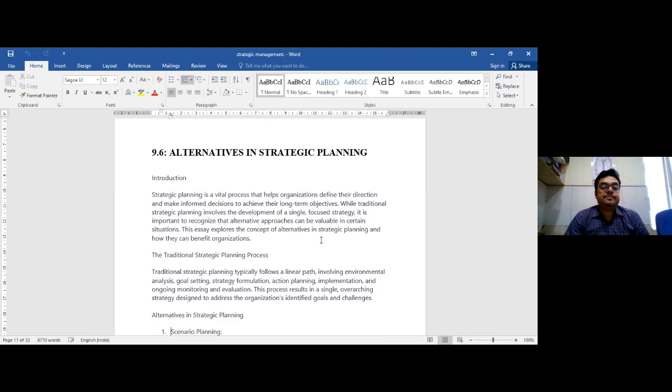It is important to recognize that there are several alternative approaches that can be extremely valuable in key situations, which can also explore the concept of alternatives in terms of strategic planning, and what are the ways in which they can benefit the organizations at large.